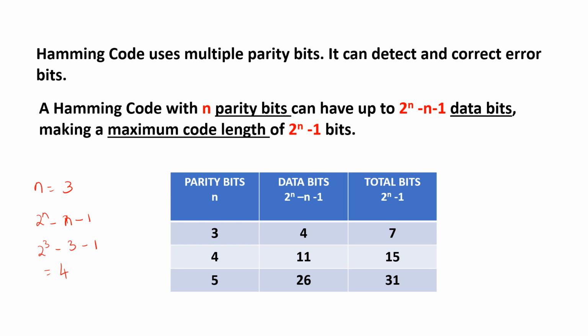So for the number of parity bits n equal to 3, the total data bits in the Hamming code will be 4, and the total length of the Hamming code will be the number of parity bits plus the number of data bits. So that is 3 plus 4, which is equal to 7. In this way you can find the number of parity bits used in the Hamming code, the total length of the Hamming code, and the number of data bits.